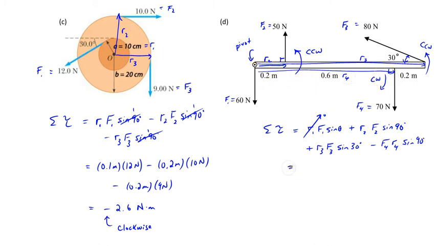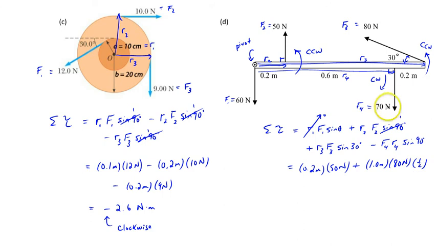So now let's substitute in. Remember, the first one's 0. For the second one, we have R2, which is 0.2 meters, multiplied by force 2, which is 50 newtons, and the sine of 90 is 1. Then we have R3, which is the distance from the pivot point all the way to the other end. That's 0.2 plus 0.6 plus another 0.2, which gives us 1 meter, multiplied by the force of 80 newtons, and the sine of 30 is 1/2.